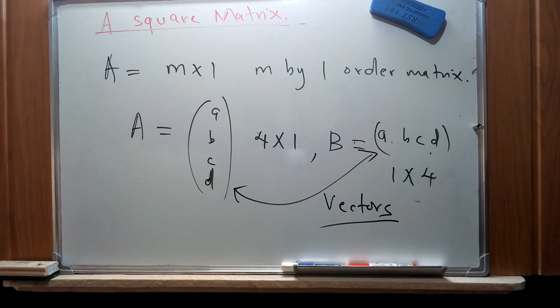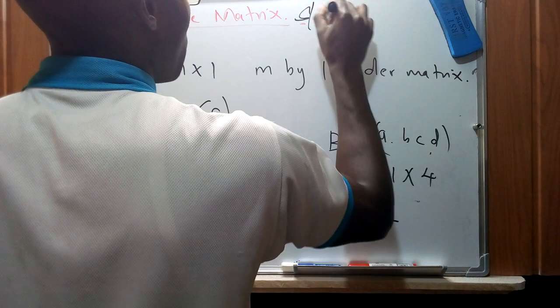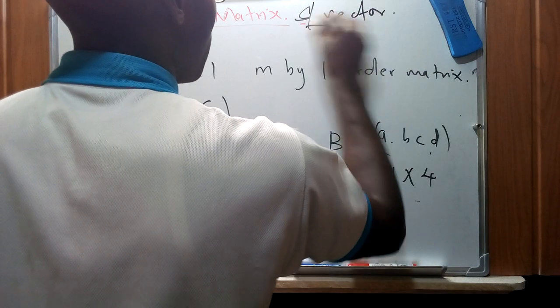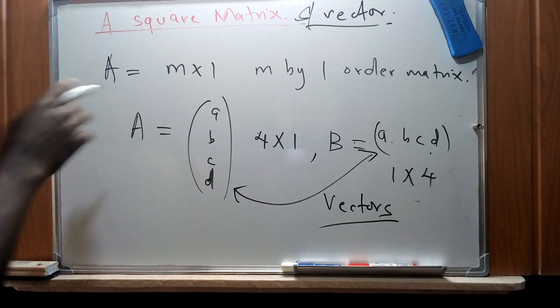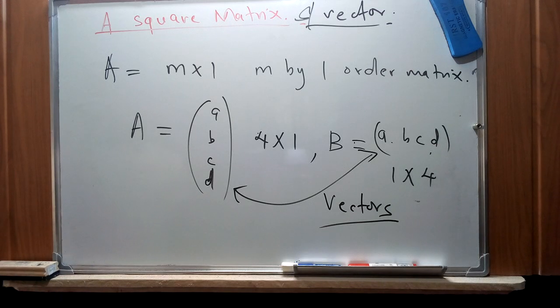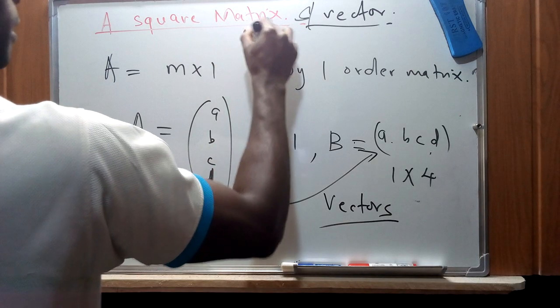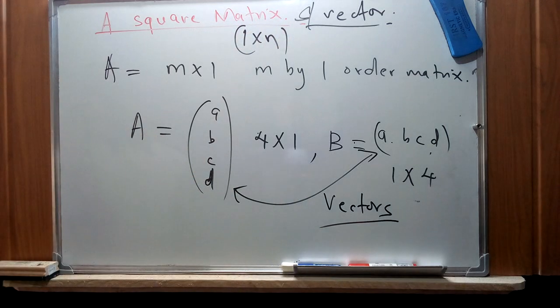We're going to look at the effect of scalars on vectors in another video. But concerning the concept of a vector, a 4 by 1 or m by 1 and 1 by n, these represent what we call a vector.